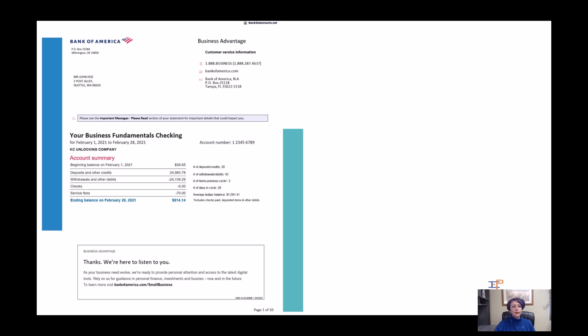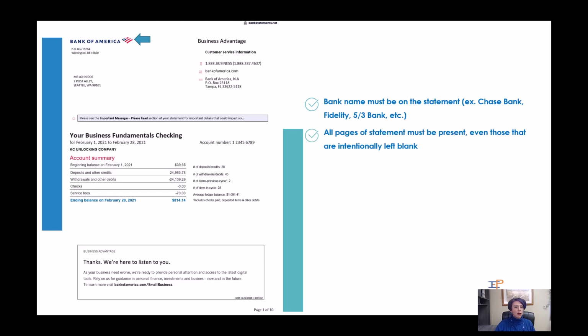Next, let's make sure that they didn't mark up the page, such as crossing off the account number or even the balances. We need to make sure that the bank name is on the statement, and all pages of the statement are present, even the ones that are intentionally left blank.